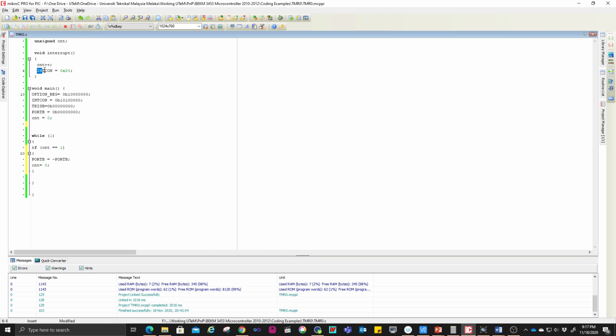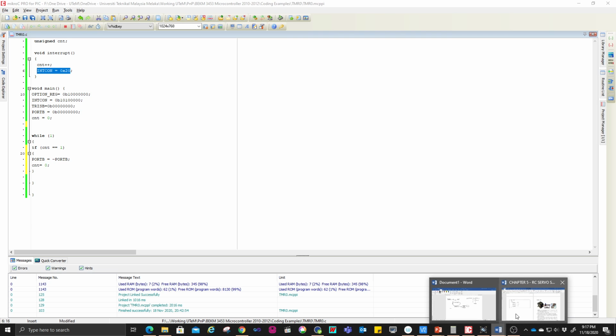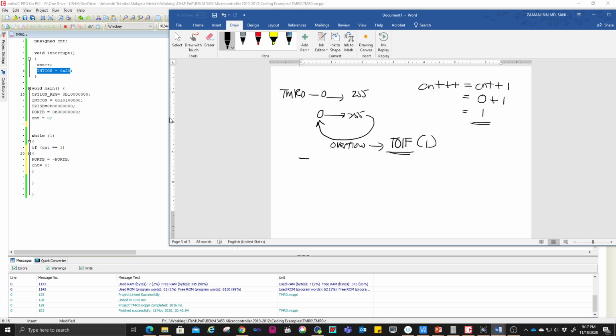So this command is INTCON times 0x20. What does it mean? INTCON now is equivalent to 0b00100000. Remember that the TOIF is over here if I'm not mistaken. So this command is to reset the flag back to 0.